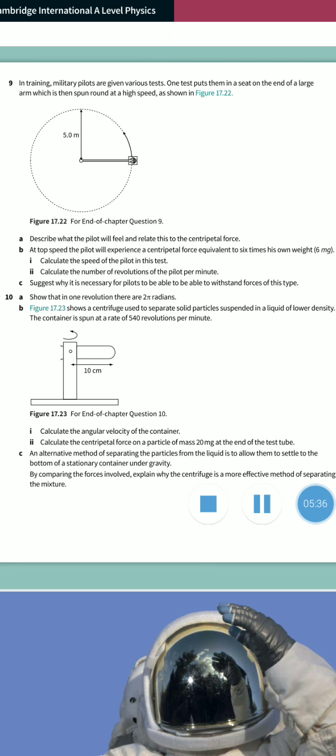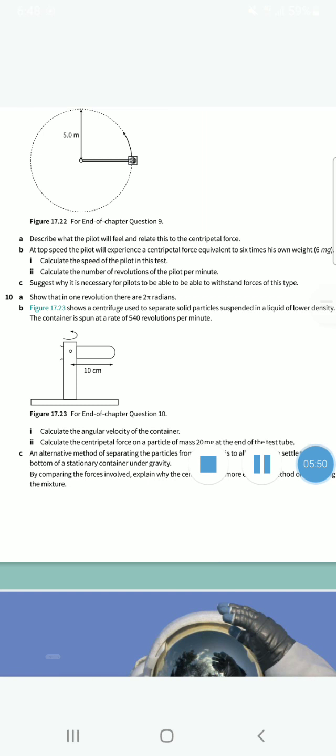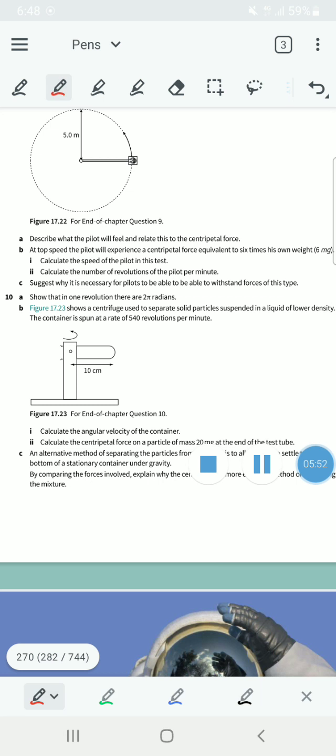Now we have to find the gravitational force, that is mg. Mass is taken in kilograms, so that is 20 into 10 to the power minus 6, into 10.